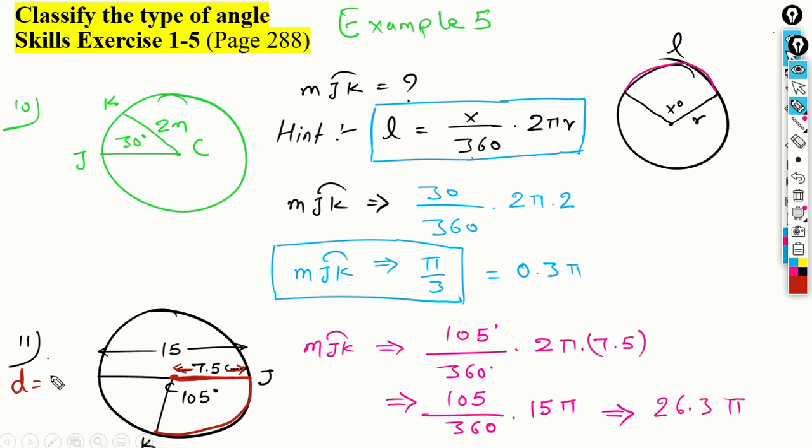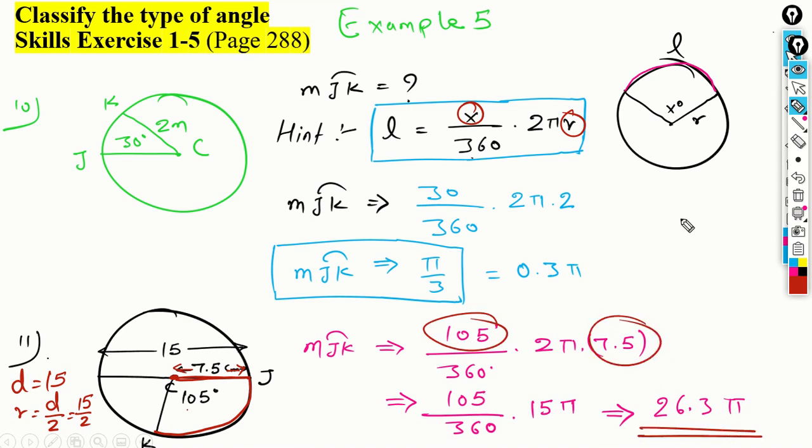If diameter is 15, radius is diameter divide 2, or 15 divide 2 will give you 7.5. Now you know the radius, you know the angle, simple. Put the angle, put the radius, that's it. So 105, 7.5. Solve this, you will get 26.3 pi. That's your answer.